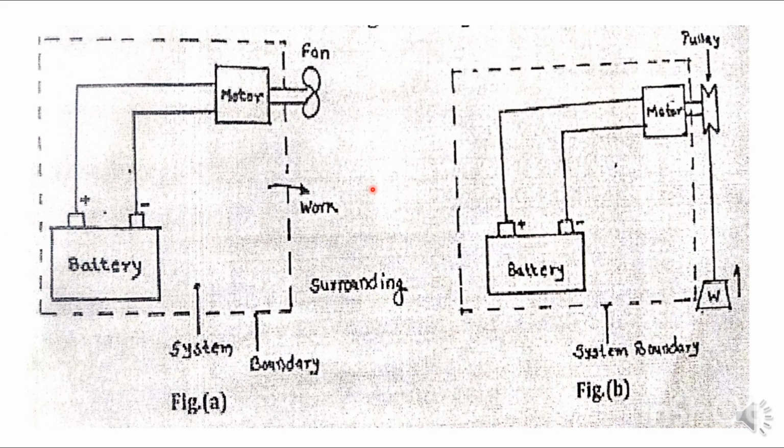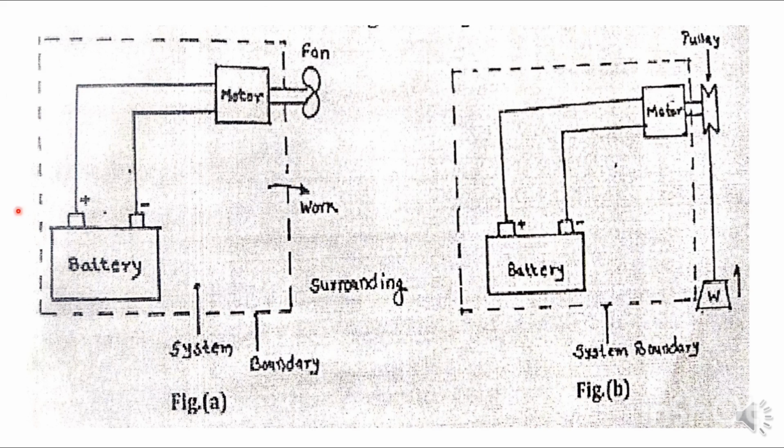You can see here, let us consider a battery. This battery is running the motor, and this motor is driving a fan. Now let us consider this battery and the motor as one system, and this is the boundary.